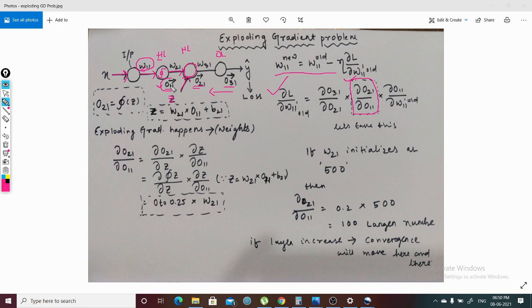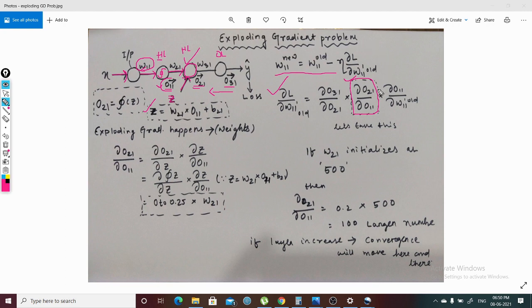This output is going to be multiplied with this weight, which is W21, with the addition of some bias. So this is nothing but this input, which is passing to this particular hidden layer.